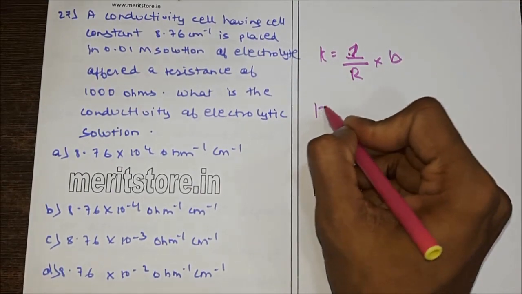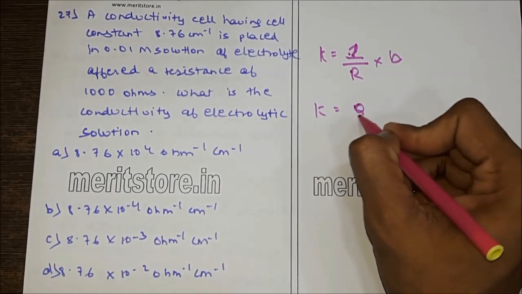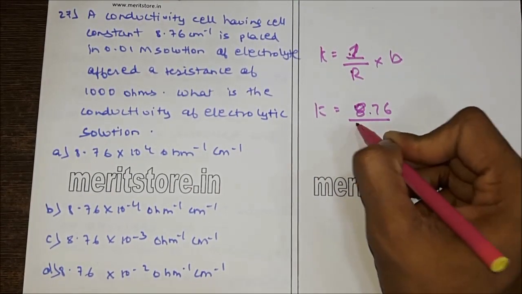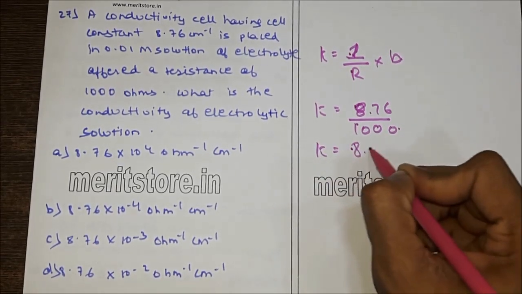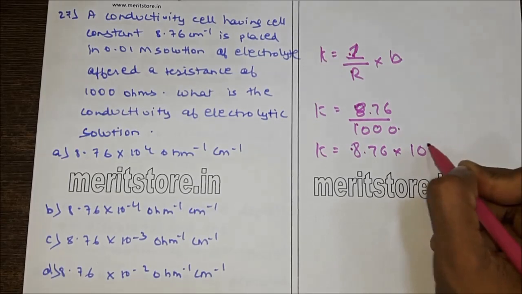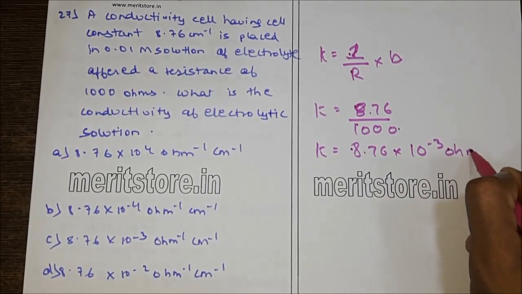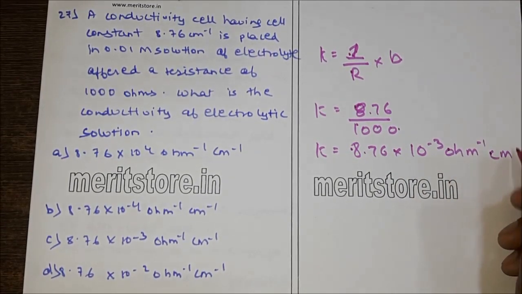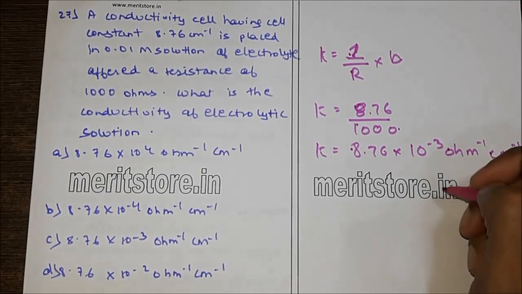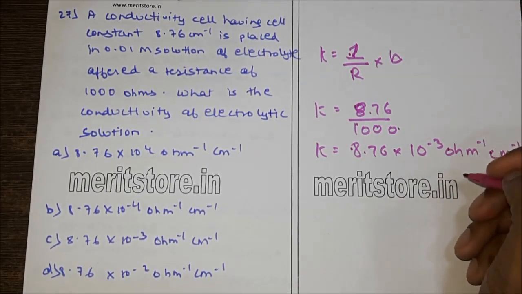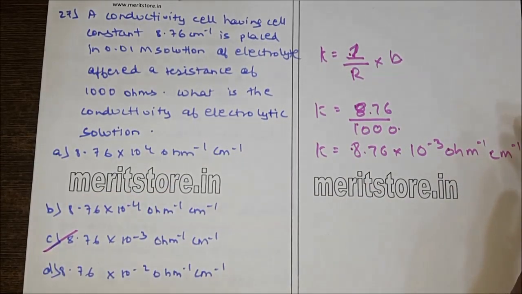So we solve for K, we get 8.76 upon 1000, which is K equal to 8.76 into 10 raised to minus 3 per ohm per centimeter, which matches option C. Therefore, option C is the correct answer.